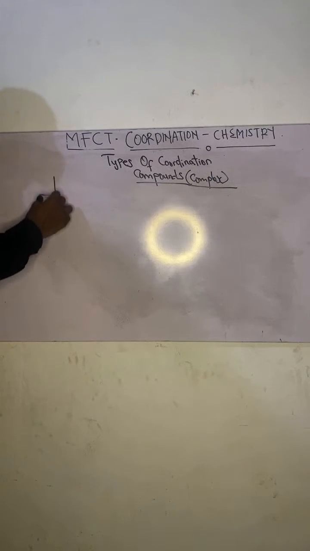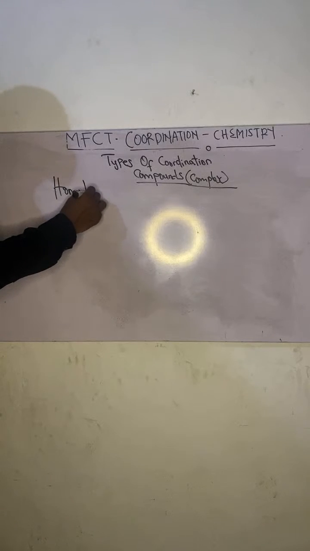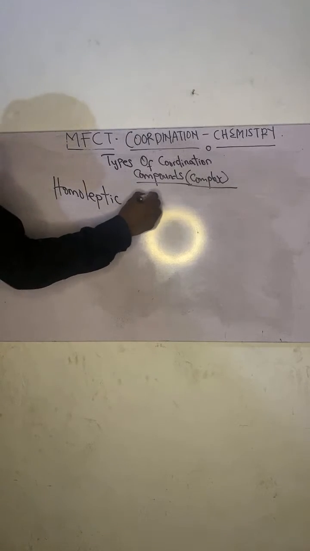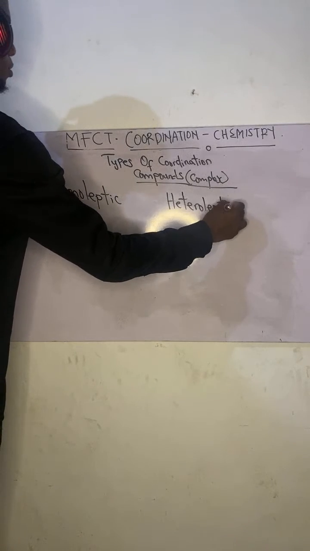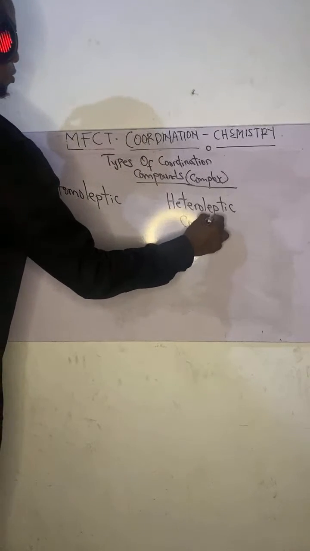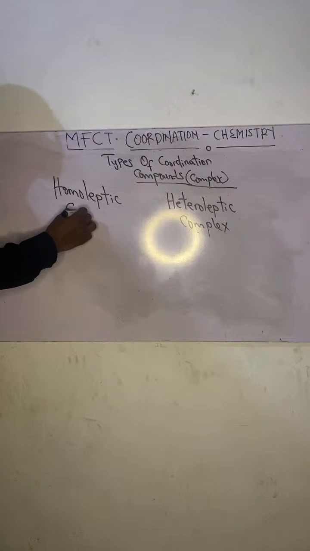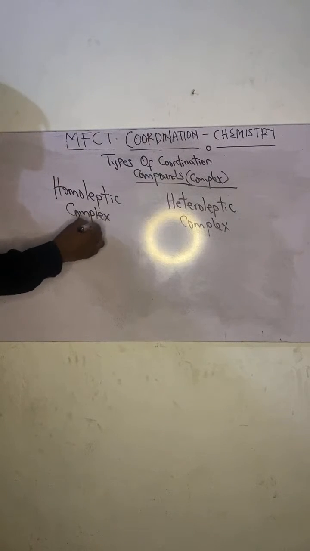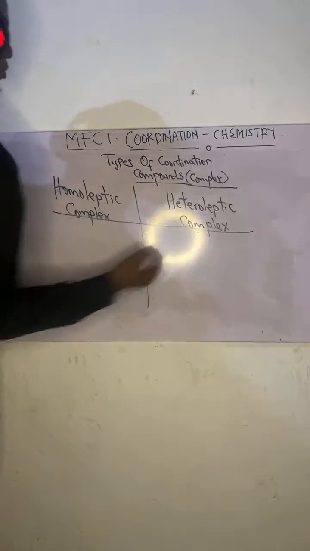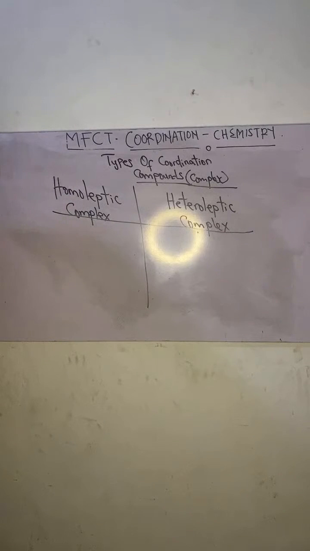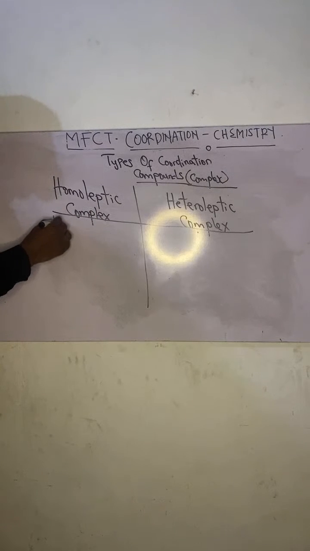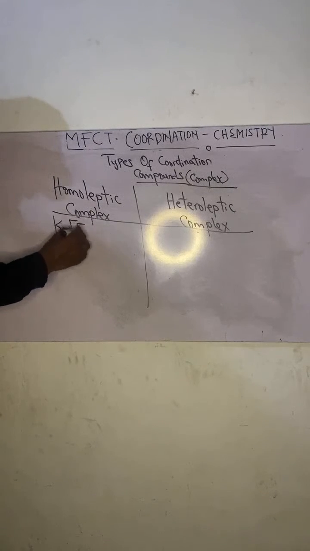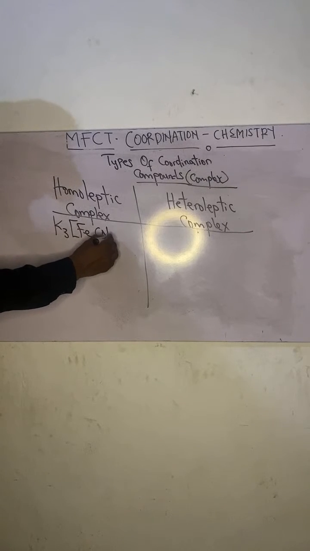Okay, we also have what we call homoleptic and heteroleptic complex. Okay, let's talk about homoleptic and heteroleptic. Now, whenever you hear homoleptic complex, these are complexes that have similar type of ligand.